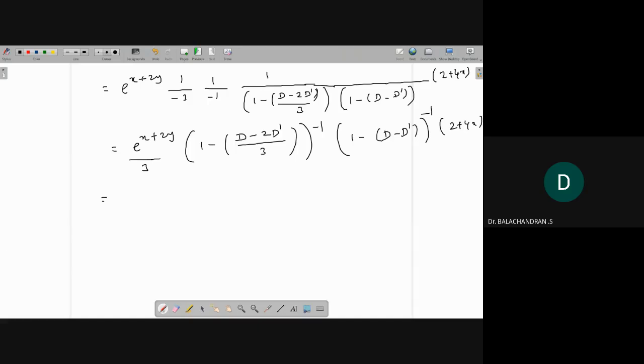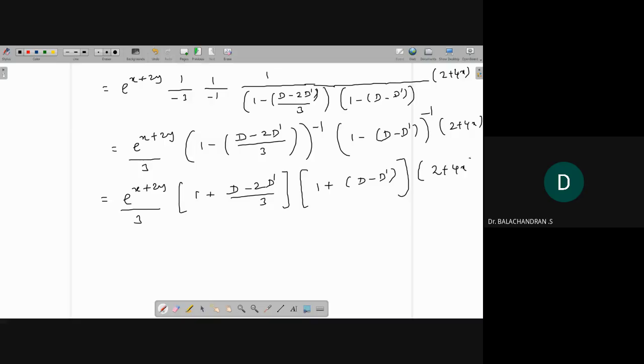So this is equal to e power x plus 2y divided by 3, so 1 minus D whole power minus 1, 1 plus D, D minus 2D dash by 3. I'll stop here. Don't expand more. Similarly, I'll write 1 plus D, 1 plus D is D minus D dash, into 2 plus 4x.